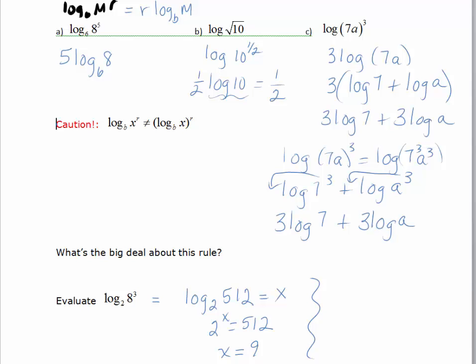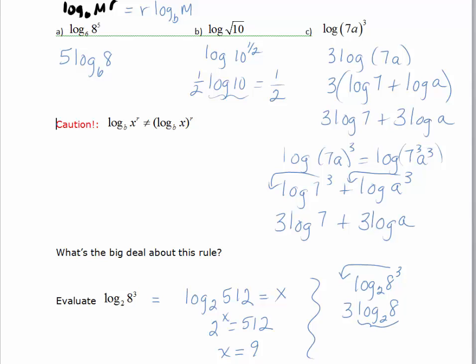If I multiply 2 by itself 9 times, I will get 512. But if we use the power rule, and obviously these properties and rules were developed at a time when we didn't have calculators, so this made a huge difference in evaluating. If I bring that 3 down, I have 3 times the log of 8 base 2, and I can evaluate the log of 8 base 2 pretty quickly.